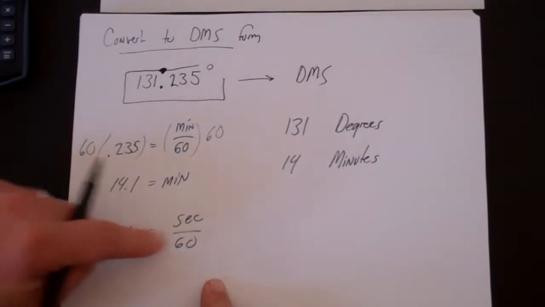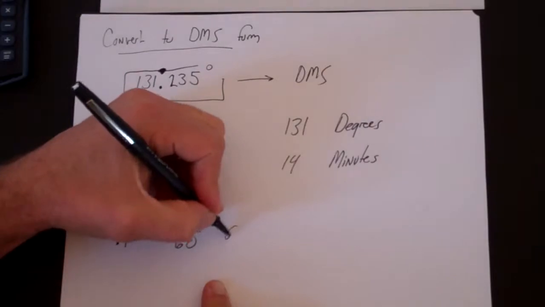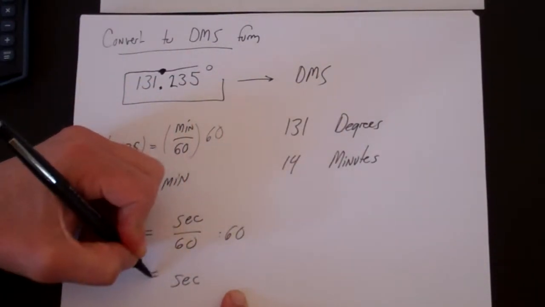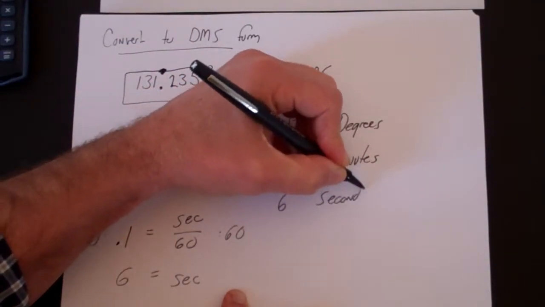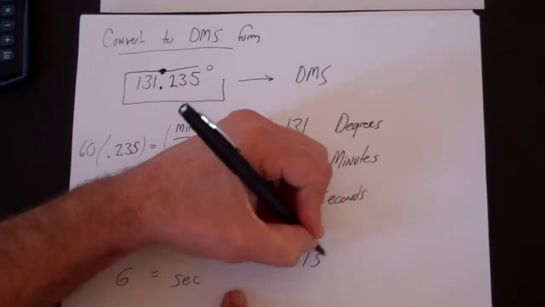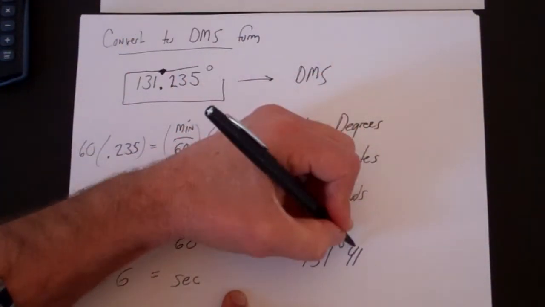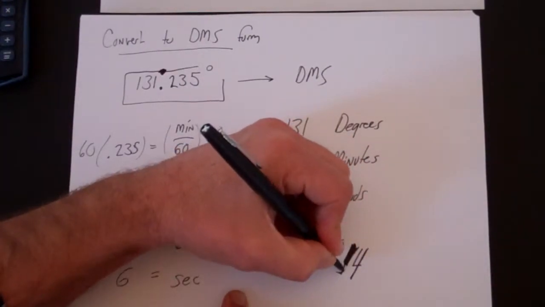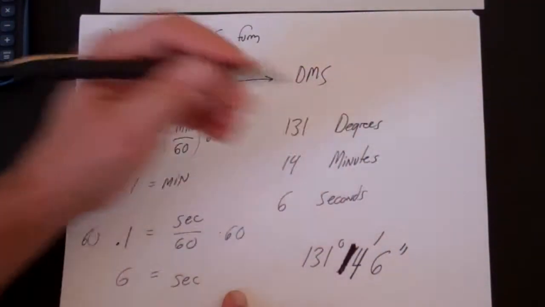I multiply both sides by 60, and I get 6 seconds. So my final answer is 131 degrees, 14 minutes and 6 seconds.